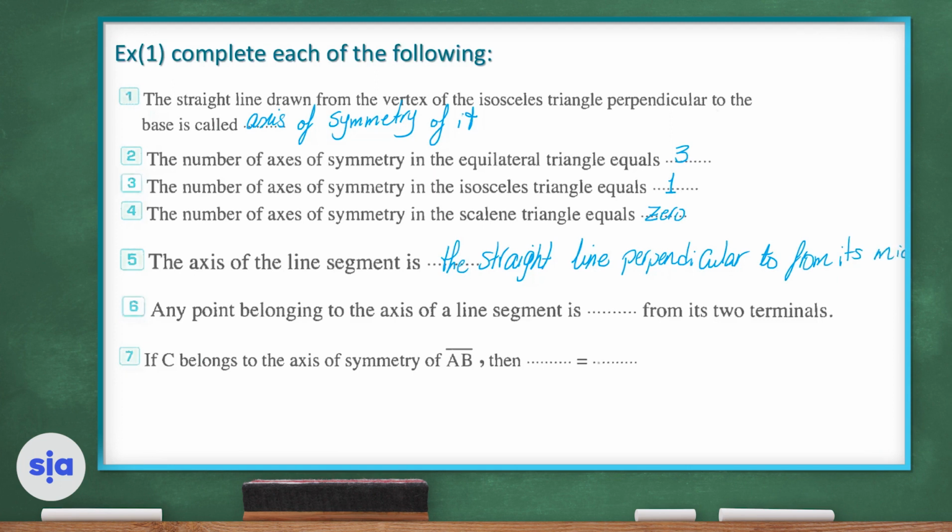Question 6. Any point belonging to the axis of a line segment is at equal distance from its two terminals. Question 7. If C belongs to the axis of symmetry of AB, then CA is equal to CB.